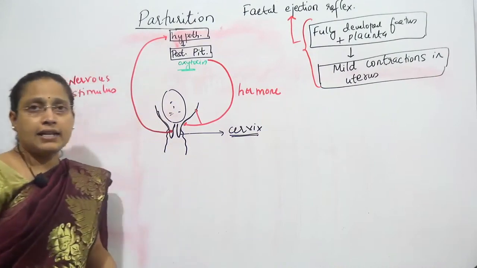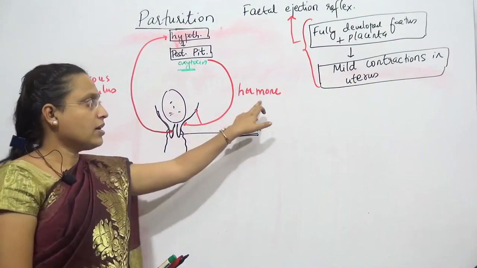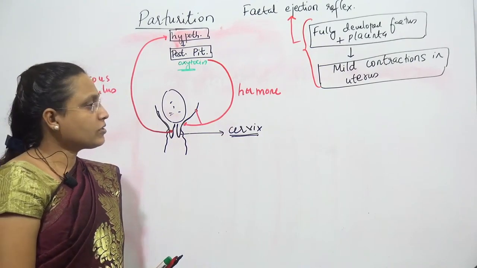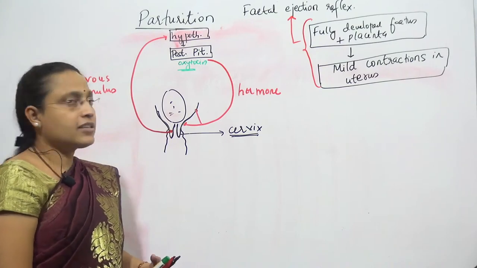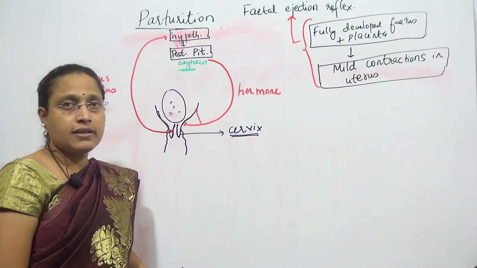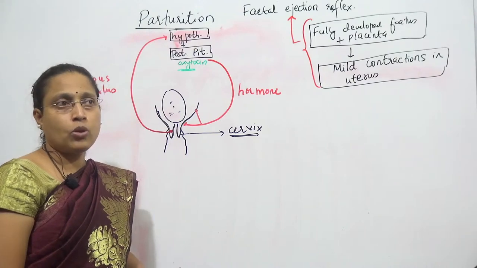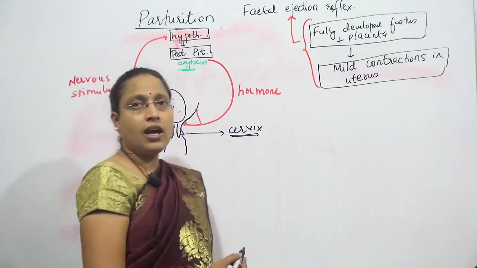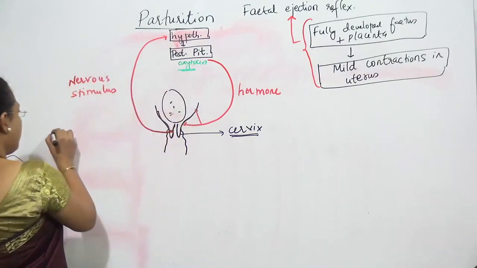So it means that the delivery process is not only due to nervous stimulus, it is also due to hormones. And therefore, it is called a neuroendocrine mechanism. Parturition is controlled by not just the nervous system, it is controlled by hormones also. So it is a combination of nervous as well as hormones. So another point we should know, parturition occurs due to the neuroendocrine system.